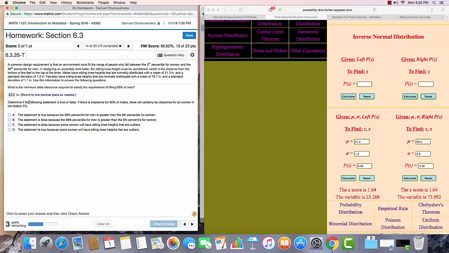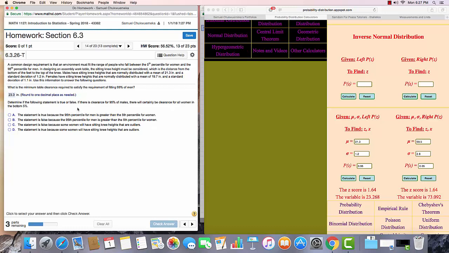Determine if the following statement is true or false. If there is a clearance for 95% of males, there will certainly be clearance for all women in the bottom 5%. Let's see this. Why don't we first do it for women, bottom 5%?